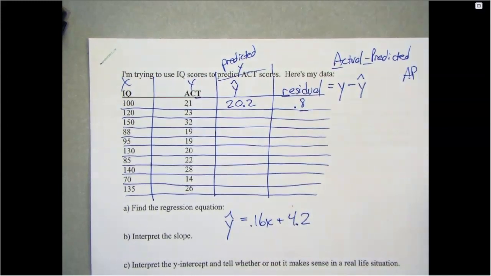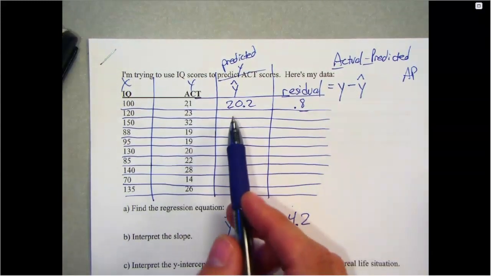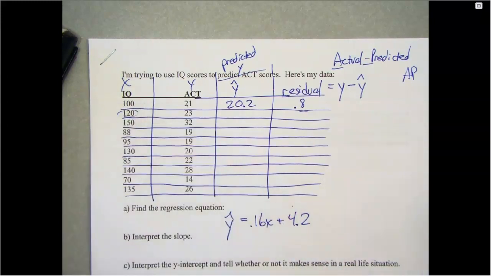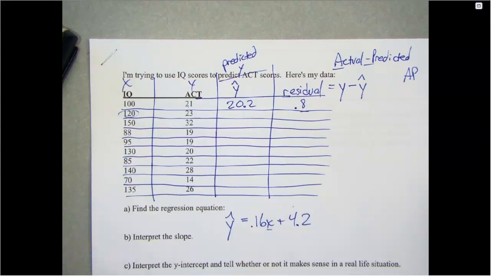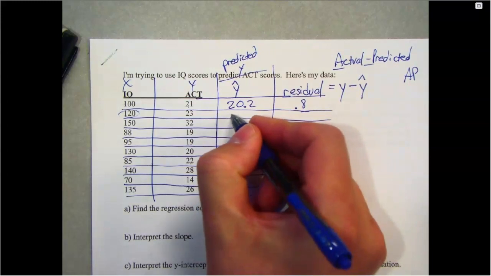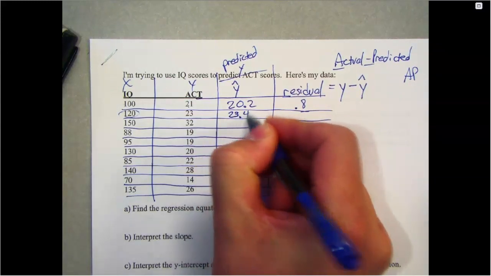So let's do a couple more and then I'll have you fill out the rest of it. If you walk in and tell me your IQ is 120, I'm going to stick 120 right there. So 0.16 times... and this is where you can do that second enter. Then you can just go back and change the one thing. It can help a little bit. So I would have predicted that person to get a 23.4.